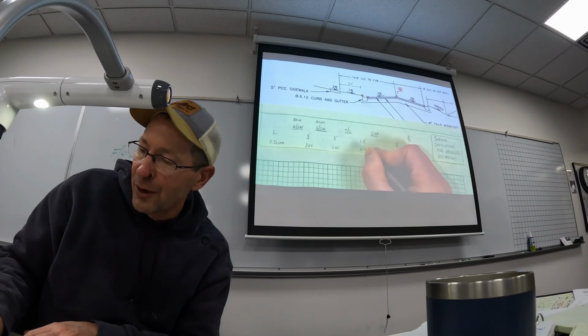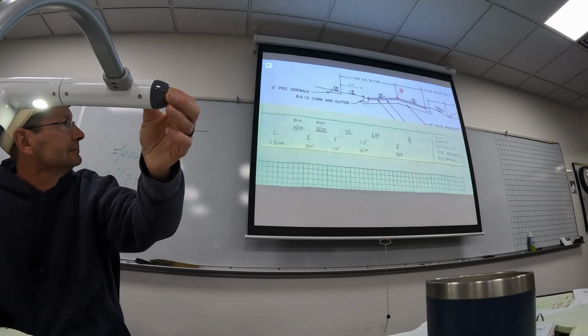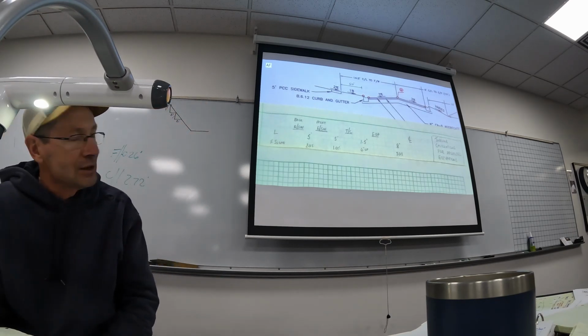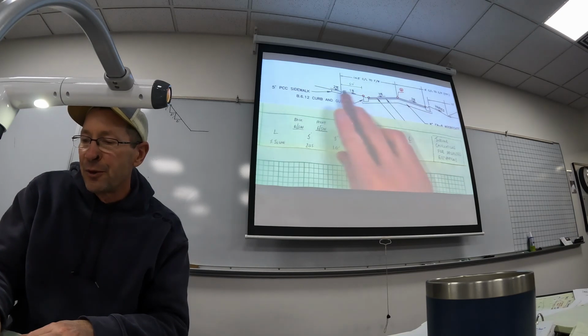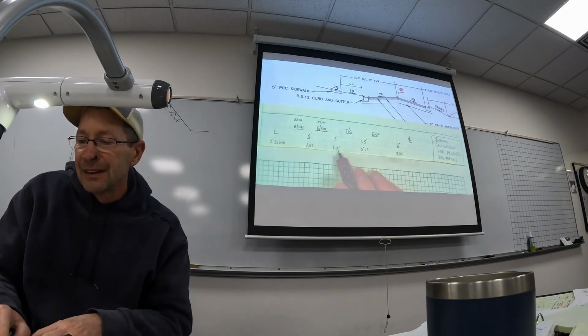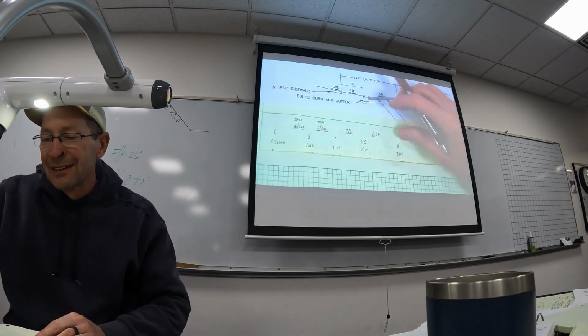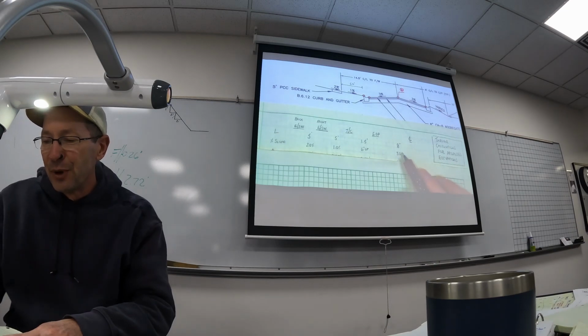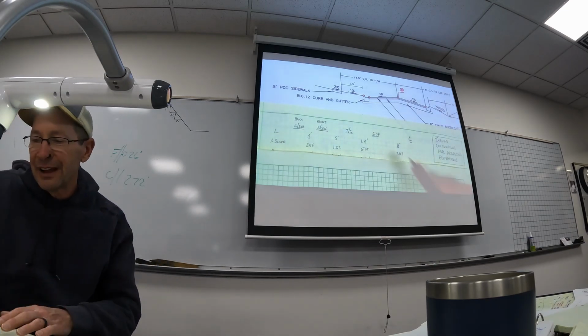I'm just going to put 6 inches up, just so we don't forget. To get from top of curb to the edge of the sidewalk, it's 5 foot wide at 1%. And then our sidewalk is 5 foot wide at 2%. So right now what we've done is we built a little calc crib sheet: what's the length and what's the slope?